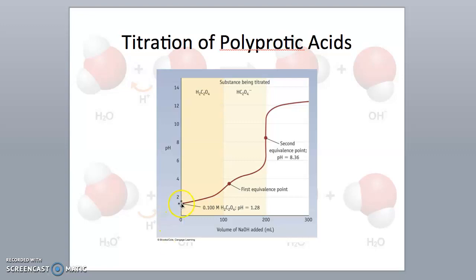In this case, we started with low pH, right? And that equivalence point was really low, wasn't 7. And so the first hydrogen leaves us with the conjugate base, HC2O4 minus. Well, when this is all gone, then this second hydrogen can come off and we'll have C2O4 2 minus.